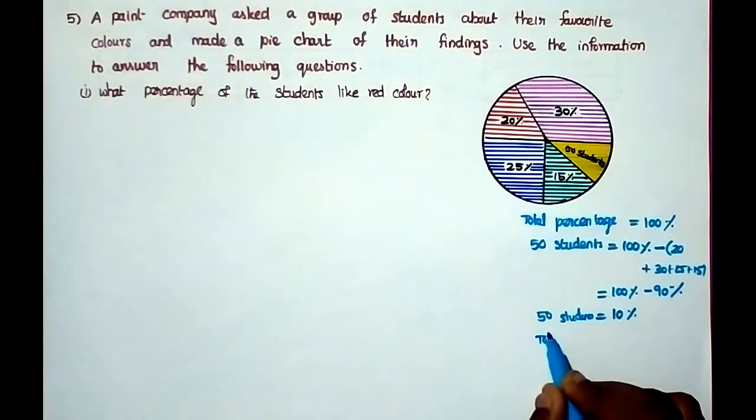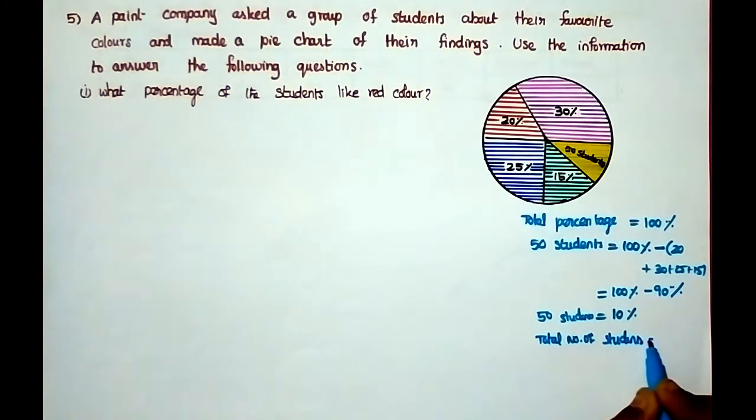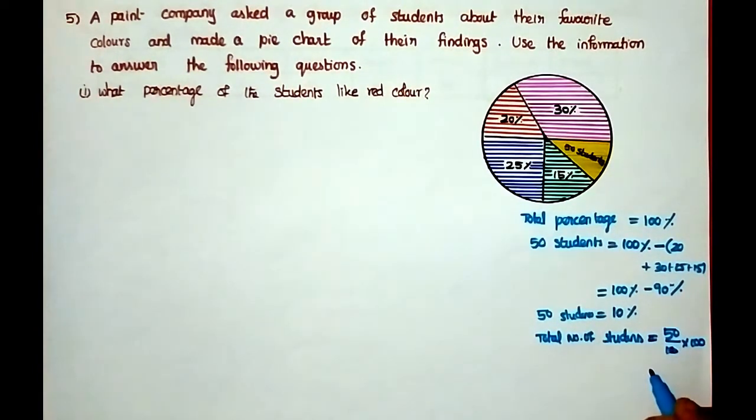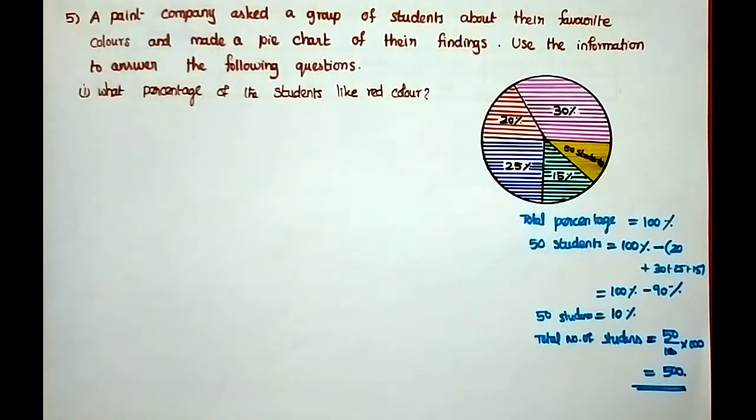So total number of students is equal to 50 divided by 10 into 100, that is equal to 500. So total number of students is 500. From this we have to find out the answers.